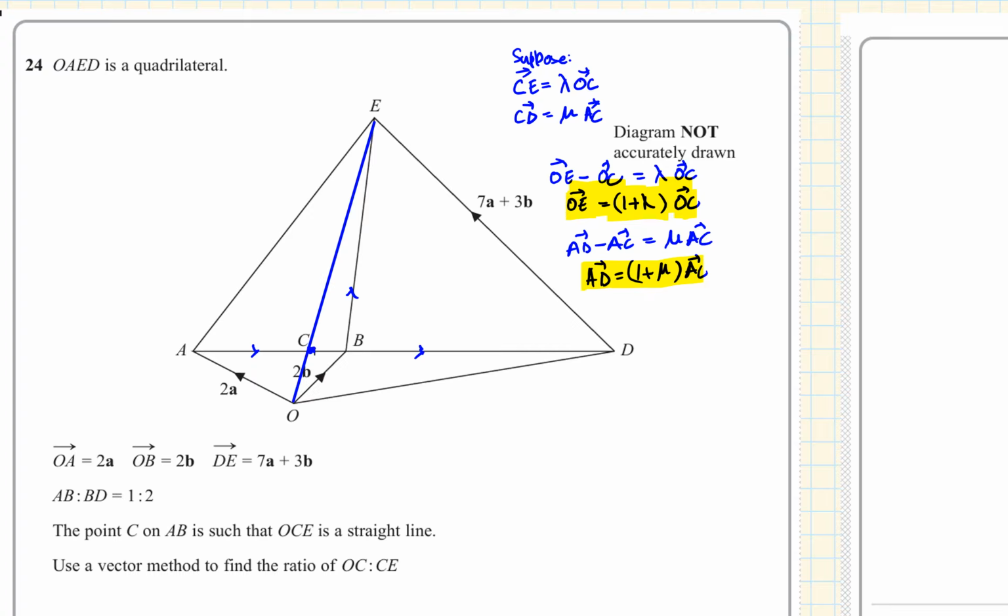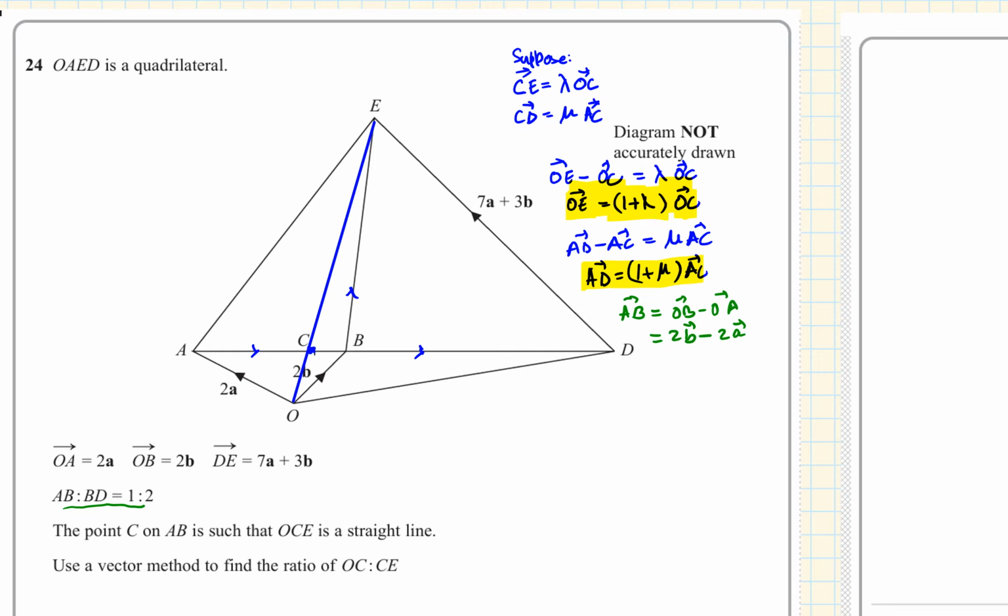So now I have been given OA and OB, and then I have been given this ratio AB is to BD is 1 is to 2. So let me write what AB is. AB is OB minus OA. So that is equal to OB is 2b minus OA is 2a. So that's AB.